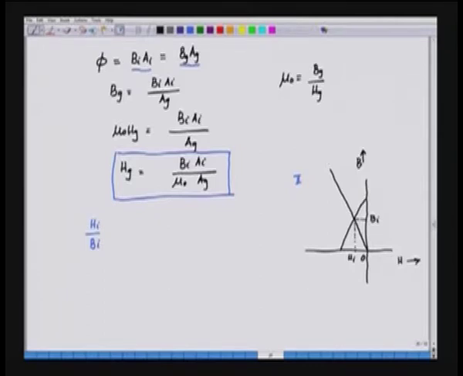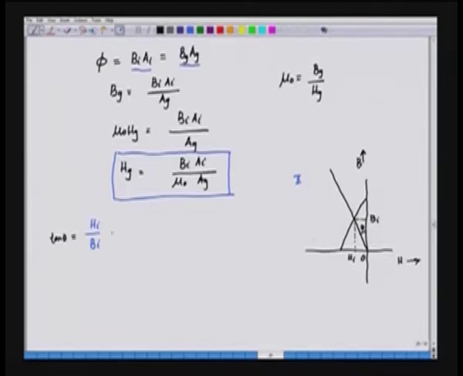Let us assume that the angle between the y axis and this line is theta. If I find tan theta, it is given as Hi by Bi. Hi is the field strength and Bi is the flux density. So, this is tan theta.